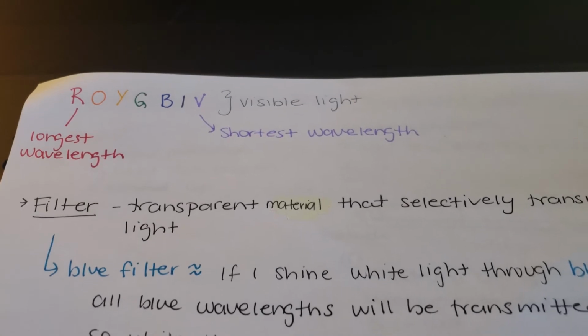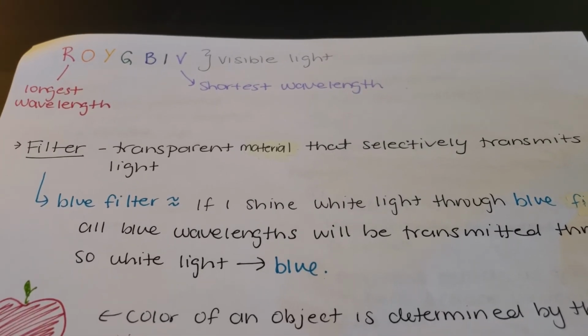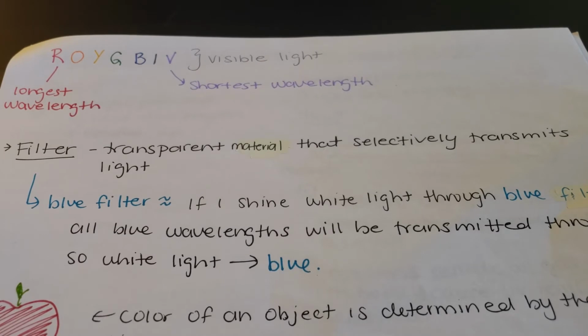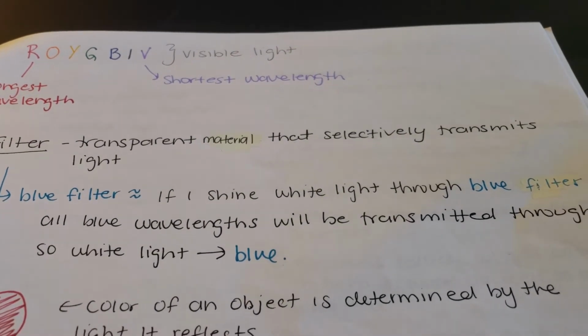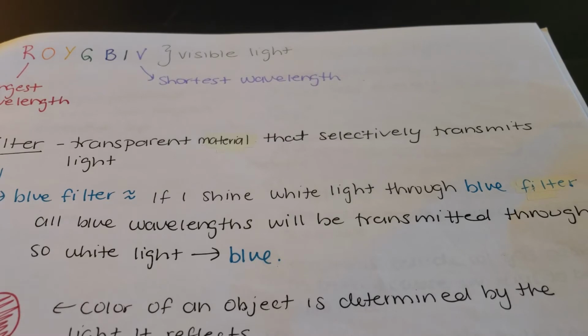So let's move on to the filter. What exactly is a filter? A filter is a transparent material that selectively transmits light. So, for example, like I wrote over here, if I had a blue filter and I'm shining a white light through that blue filter, that blue filter is going to cause that white light to be transmitted through and become blue.